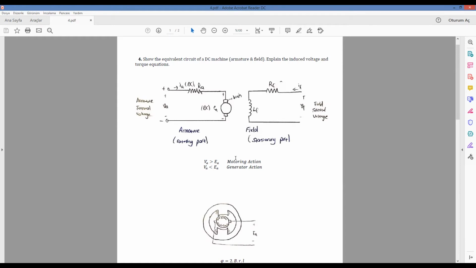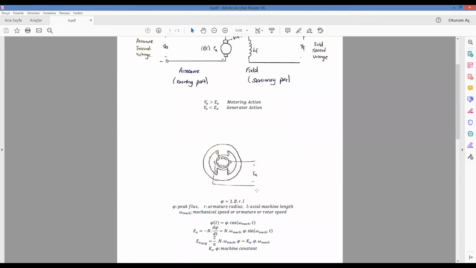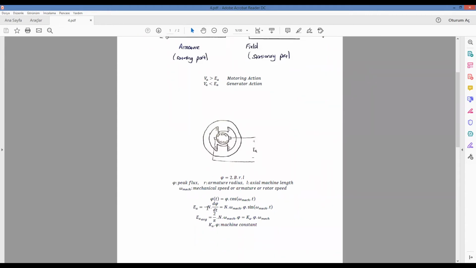On the other hand, if VA is smaller than EA, the generator action starts and mechanical energy is converted to electrical energy.